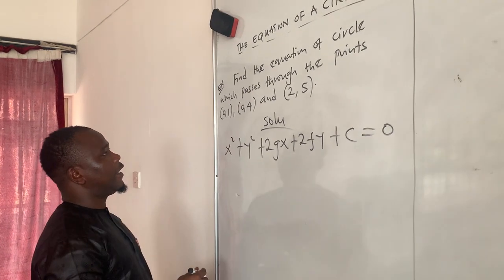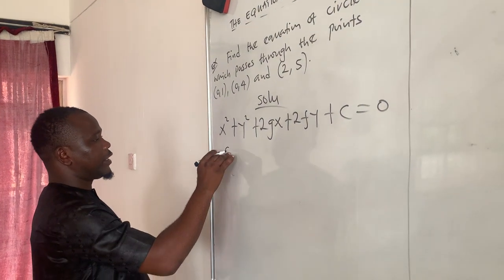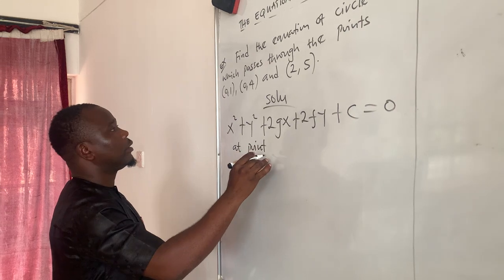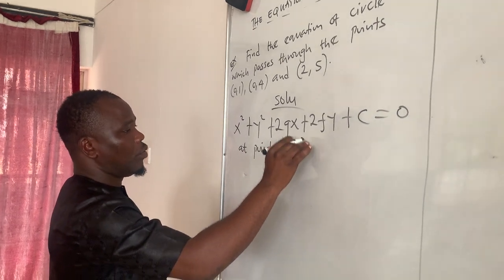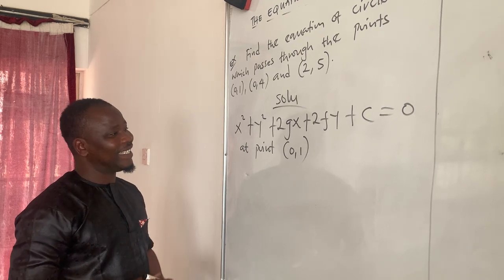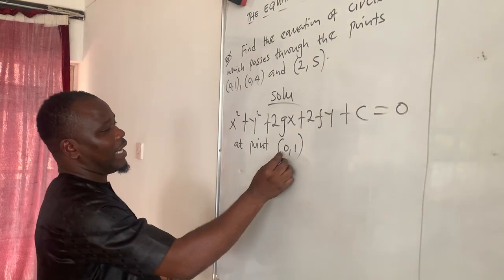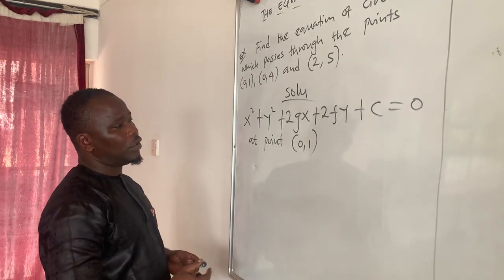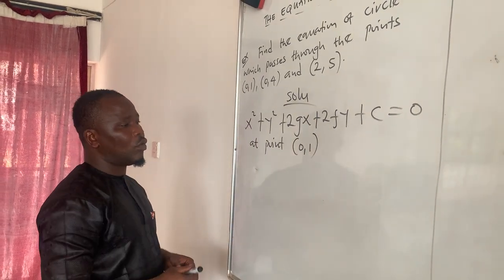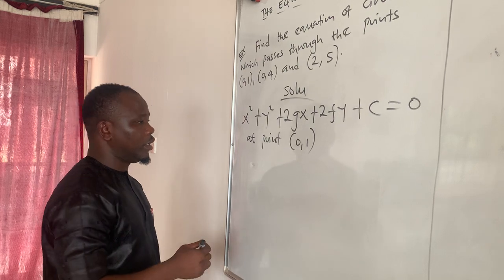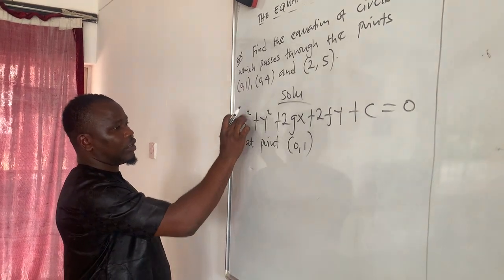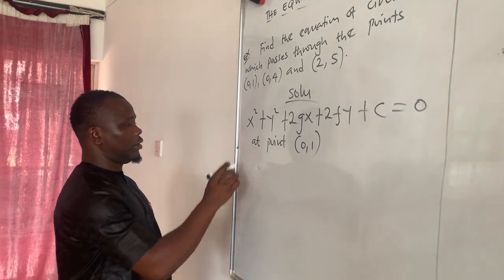Let's first consider the point (0, 1). It implies that our x is 0 and y is 1. That is, instead of x, we are going to substitute 0.